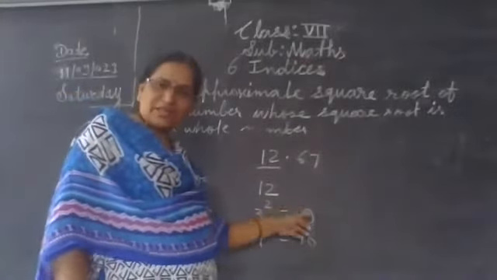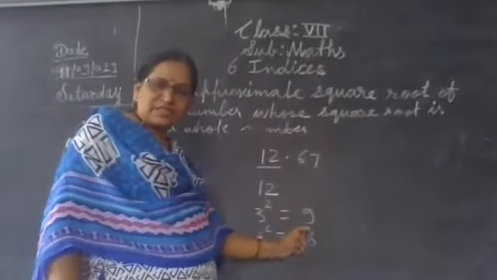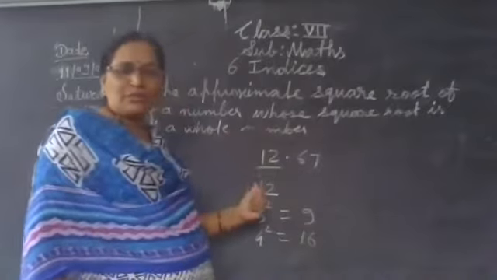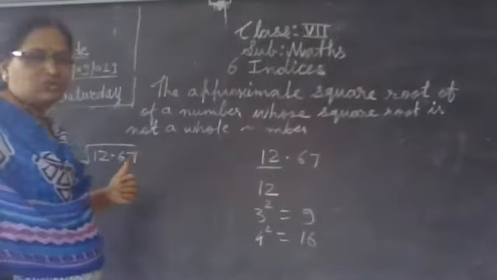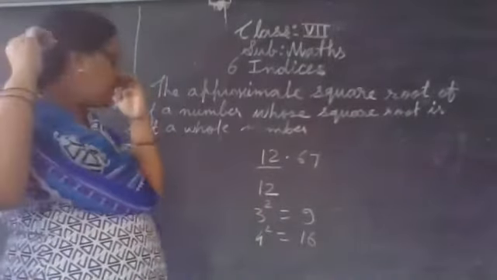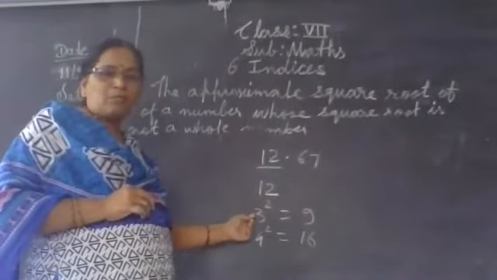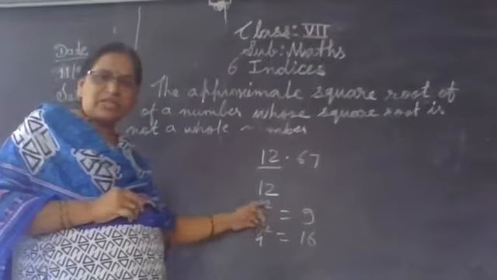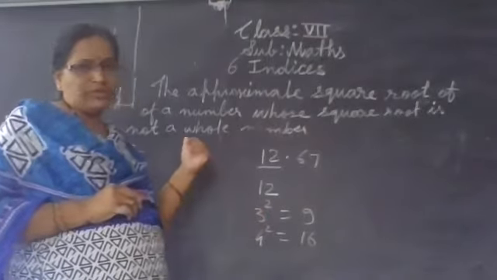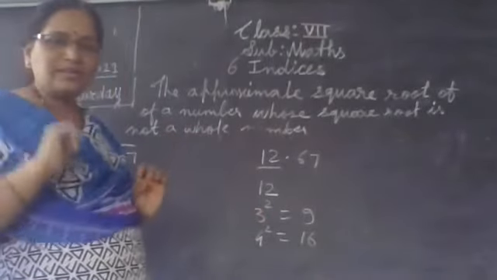Because 3 square is 9 and 4 square is 16, but the number is 12.67. So in our mind, the rough figure is that it is more than 3 but less than 4, so it would be 3 point something.